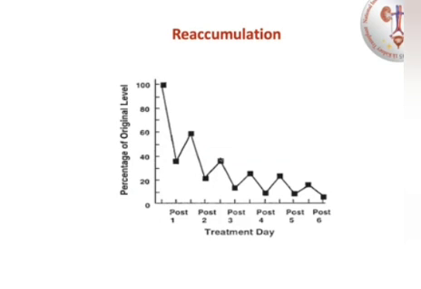Again, reaccumulation occurs a day later, due to new production of the substance and the redistribution from the tissues to the blood or to the plasma, so it increases again. After performing several consecutive sessions, you see that the rate of reaccumulation becomes much lower, and the standard baseline of this substance is much reduced.